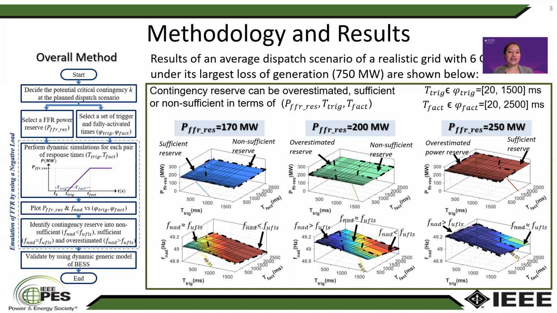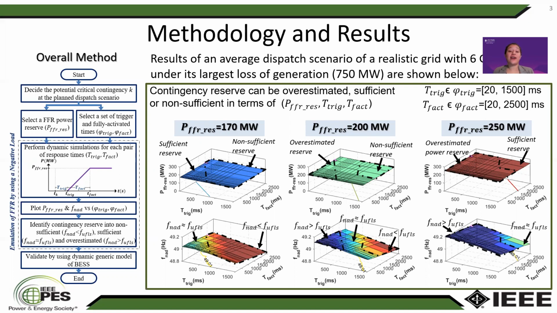We can organize the results of the contingency reserve into sufficient when the frequency nadir is very close to the frequency load shedding limit, non-sufficient when the frequency nadir is lower, and overestimated when the frequency nadir is larger than the frequency load shedding limit. This can be validated using a dynamic model of a battery.